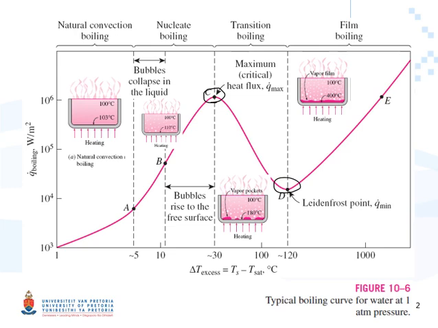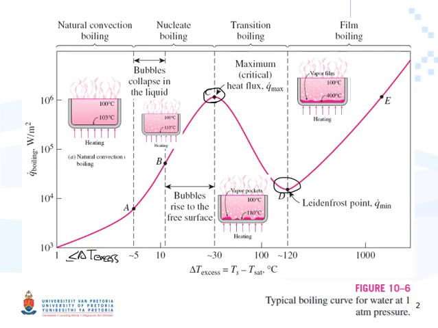So first, let's start with natural convection boiling. Natural convection boiling happens when the delta T excess is between 1 to 5. What does it mean?